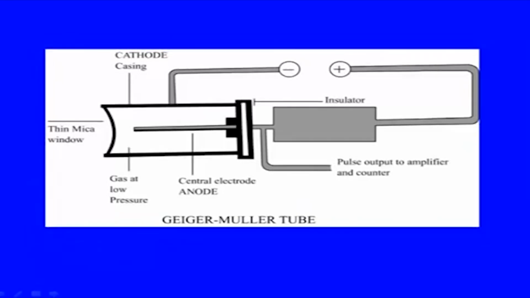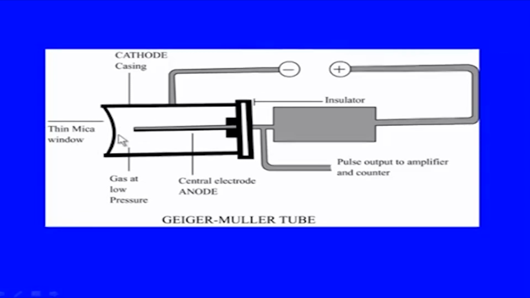All right, this is a schematic as I have shown you earlier, but this is a little improved figure. In this figure you can see there is a cylinder, the end of which contains a thin mica window, which could be used for say 14C, which is not very weak, but a weak emitter. There is a cathode surface here, there is an anode which is centrally placed, and there will be inert gas in this chamber.